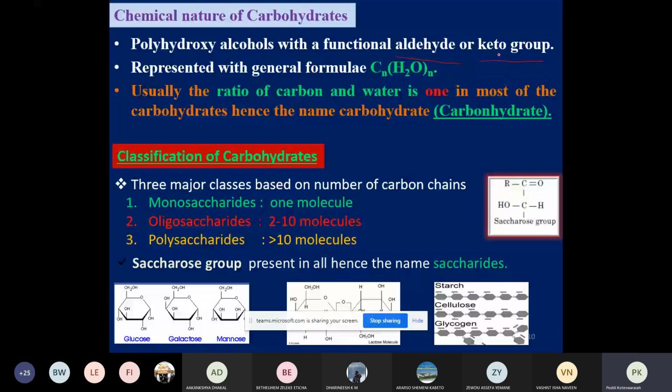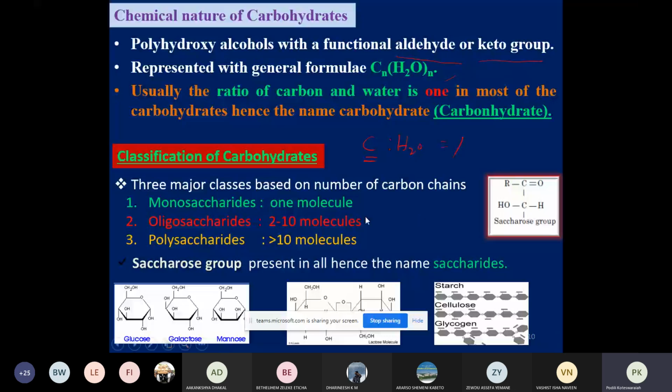These carbohydrates are generally represented with the formula Cn(H2O)n. We have already said that all the carbohydrates are hydrates of carbon, so the carbon to water ratio is, in most cases, 1.